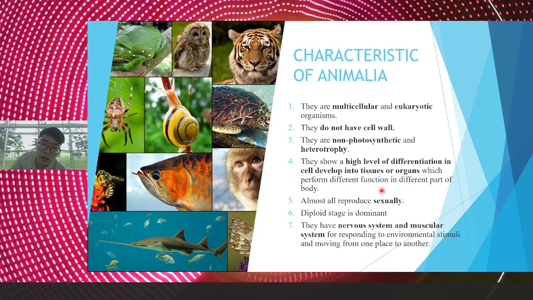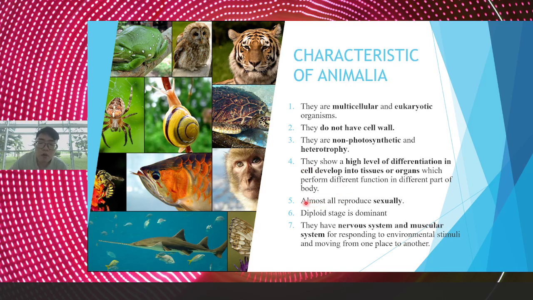If you see humans, we have many organs to make us survive. For all animals, there are many complex tissues or organs to perform different functions in different parts of the body. Like humans have kidneys, whose main function is excretion, and the heart is to maintain the heartbeat.